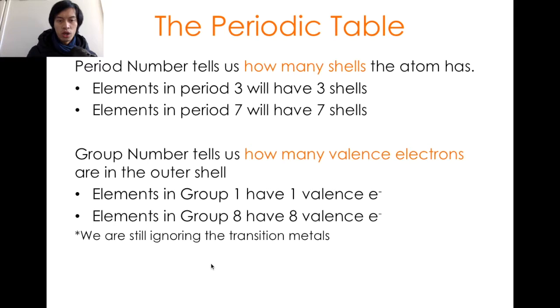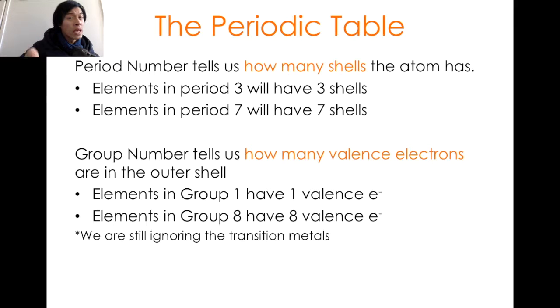It's worth noting here that we are still ignoring the transition metals. But elements in group 1 will have 1 valence electron, 1 electron in the outer shell, like hydrogen. Elements in group 8 will have 8 electrons in their outer shell. The only exception to this is helium, which sits in group 8 but has only 2 electrons in its outer shell. All the other ones will have 8 electrons in the outer shell, and then everything in between.